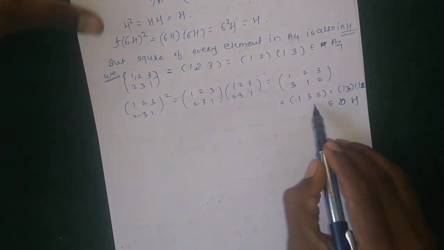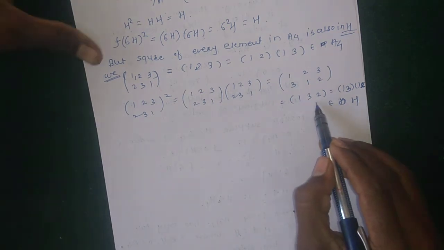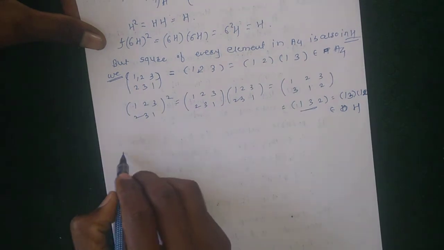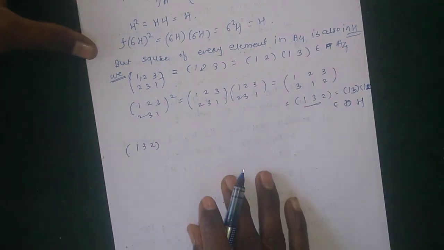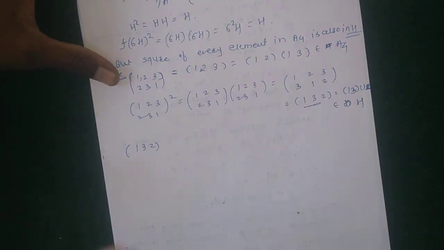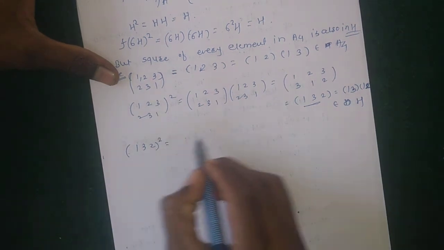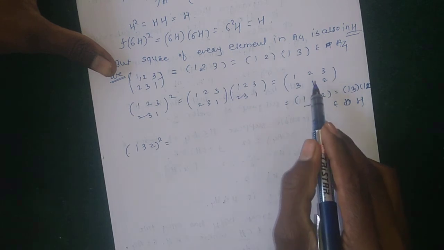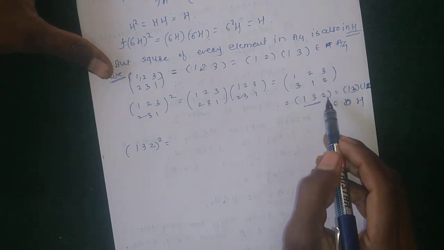So (1 3 2) also belongs to H. Then squaring it again: (1 3 2) means 1 has value 3, 2 has value 1, 3 has value 2.